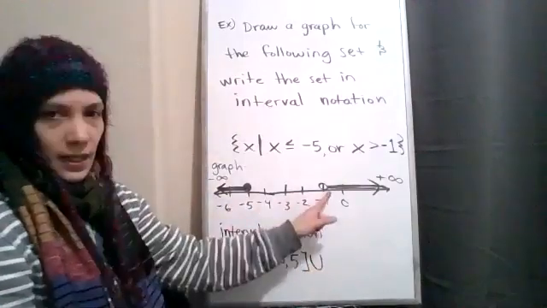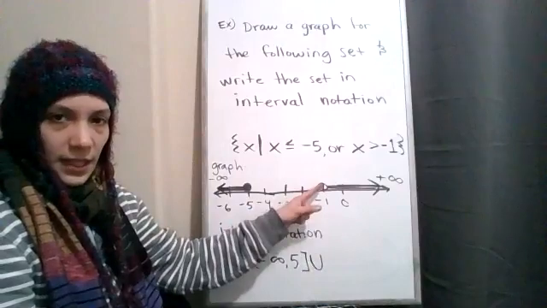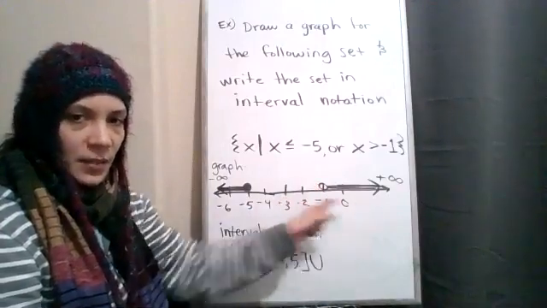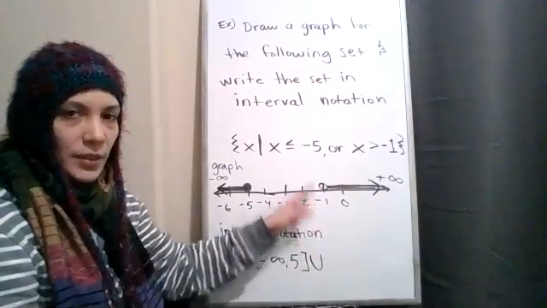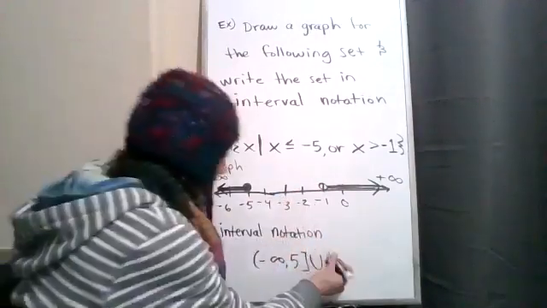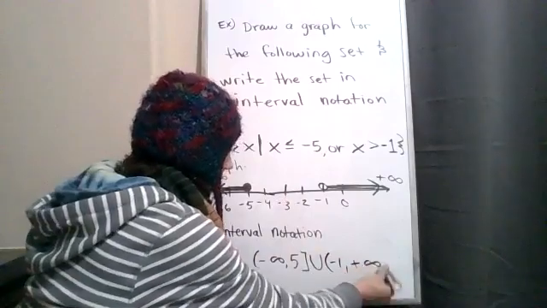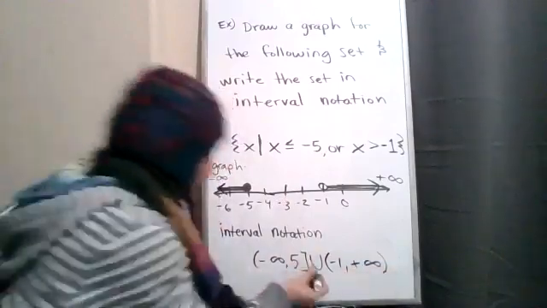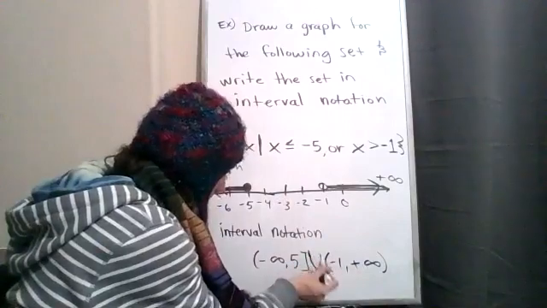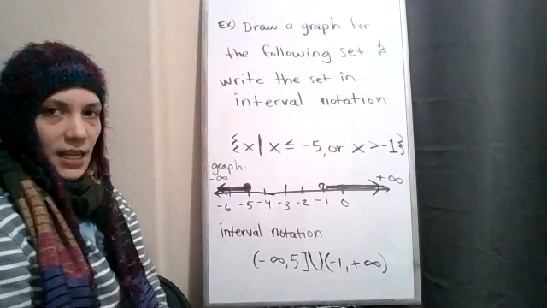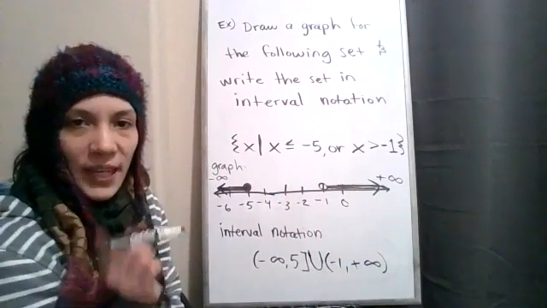Union it with the set going from negative 1 to positive infinity, but doesn't include negative 1. So we need a parenthesis there. Go over to positive infinity. And this is union. It'd be a negative 5, Professor. Yeah, thank you.